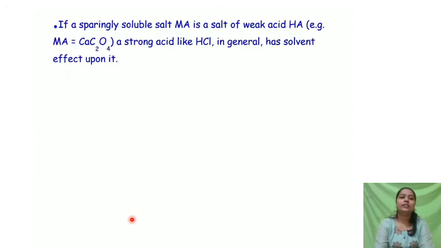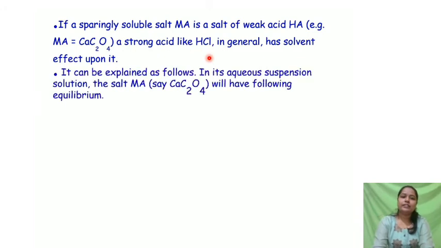Here we consider a sparingly soluble salt MA. It is a salt of a weak acid HA, for example, calcium oxalate. Into the solution of calcium oxalate, if we add a strong acid like HCl, then there is a solvent effect upon it, and that effect can be explained as follows.